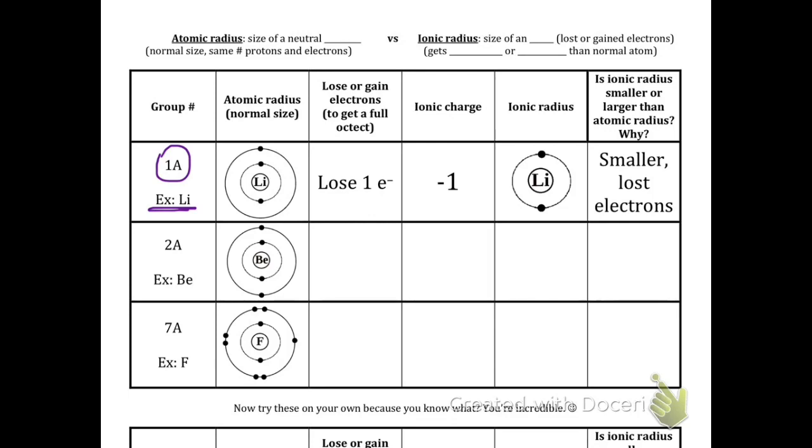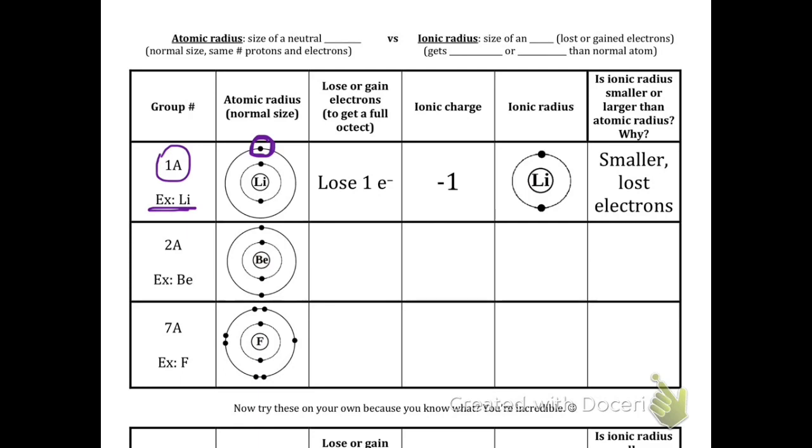Now, lithium wants to look like a noble gas, and in order for it to do that, it has a couple of options. It has that 1 valence electron sitting here right now. So the question is, is it easier to gain 7 more electrons to become a noble gas, or is it easier to lose 1 and look like the noble gas helium?